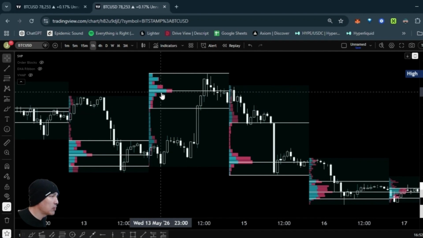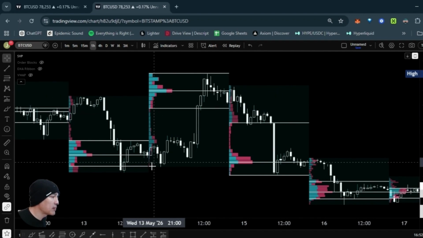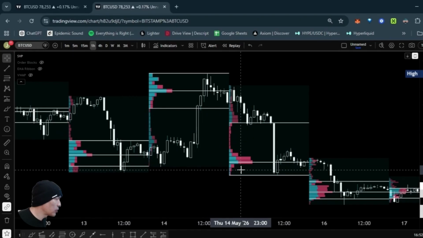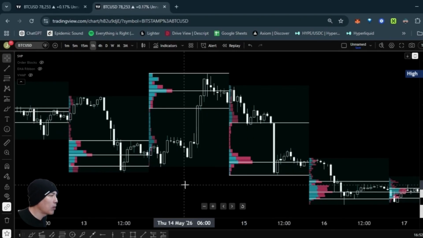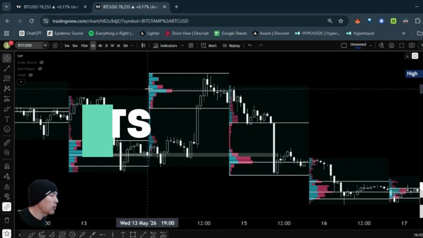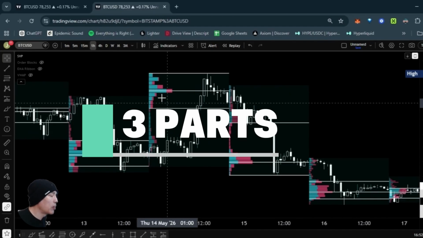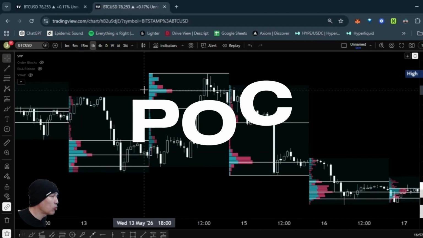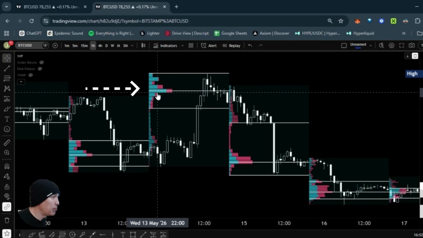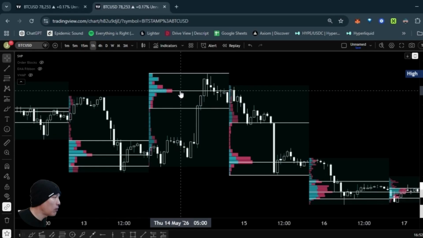And what you're going to see is these bars here on the left hand side for each and every session. What you want to do with the volume profile is understand that there are three parts to it. There is the point of control, which is essentially this big bar. The one that is the biggest shows the most volume, and it is also called the point of control.